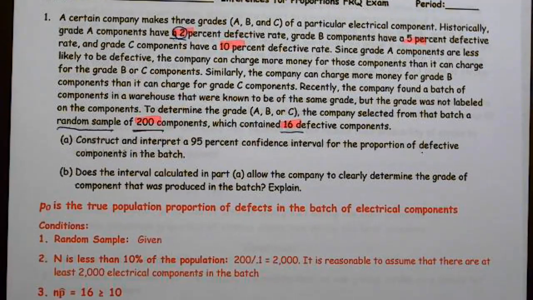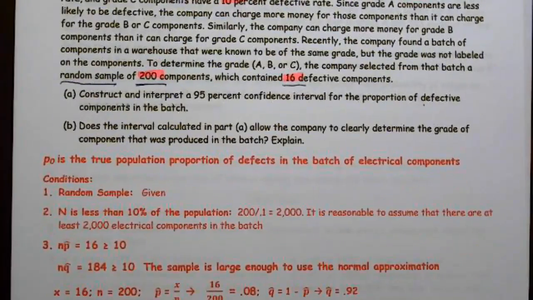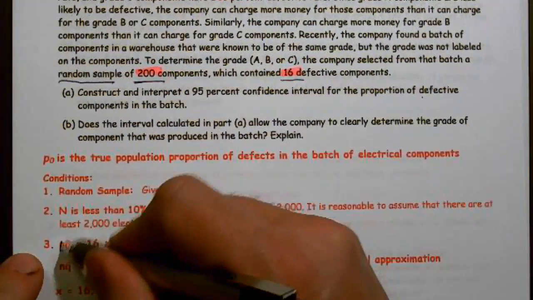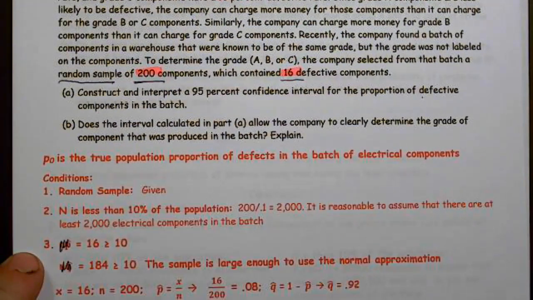N is less than 10% of the population. It's reasonable to assume that there are at least 2,000 electrical components in the batch. Then we need to check our normality. And normality here has to be that the counts are greater than 10. You did not have to write np and nq, that wasn't necessary. But 16, the number of defects, was greater than 10.